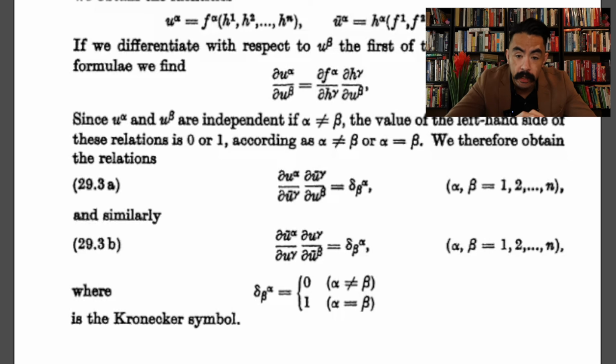Alpha and beta again can be 1 through n, where δ^α_β is the Kronecker symbol, so δ equals 0 when α does not equal β, or it equals 1 when α equals β.